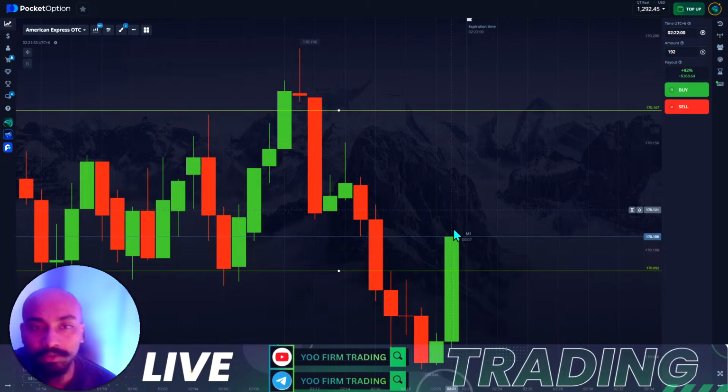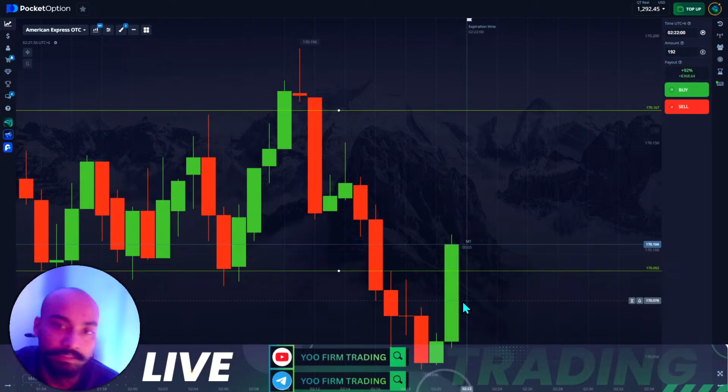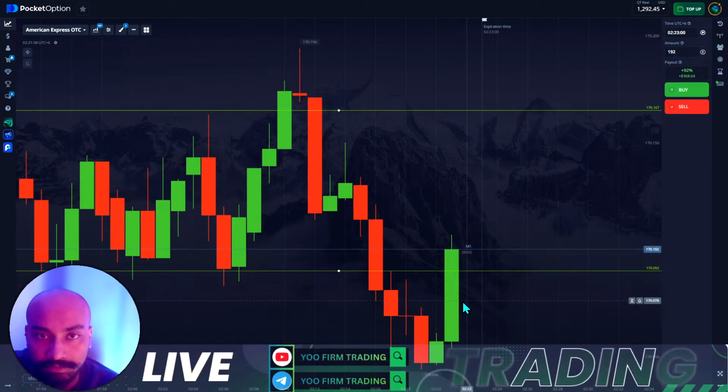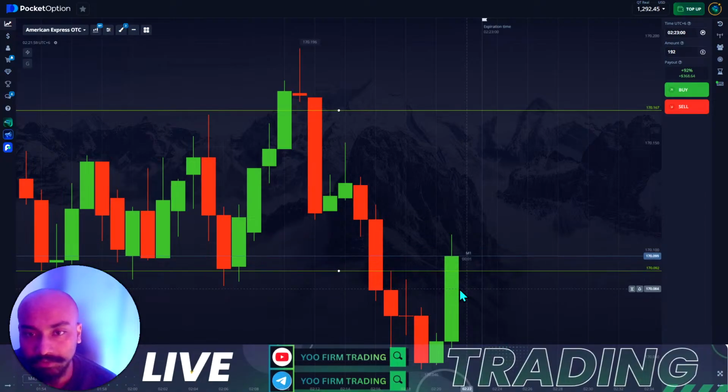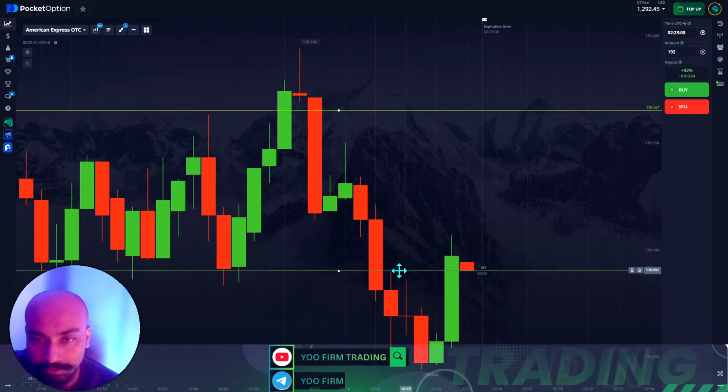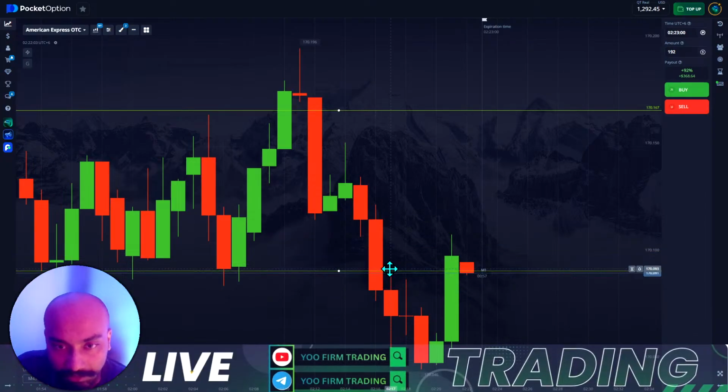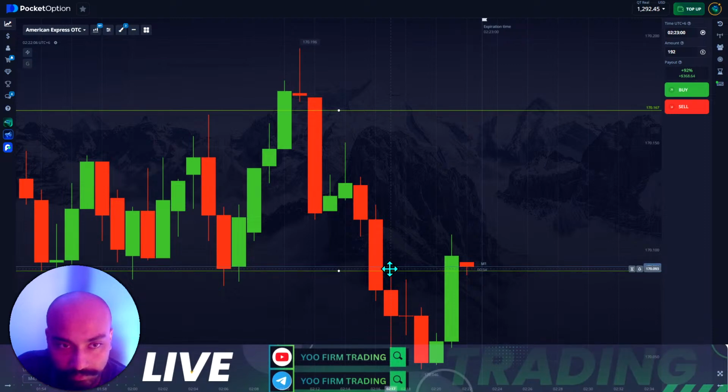So it's a long bullish candle. It's like a retracement, right? Isn't it? It broke our resistance, which acted before, right?